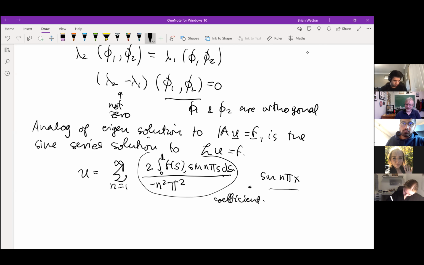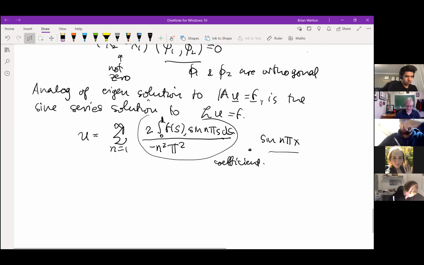You may have seen the sine series with the coefficients and the inverse series with the 2 all in one place, rather than this presentation where I've got the normalized eigenfunction, so the normalized sine series, but it will give you the same answer in the end, whichever one you do.